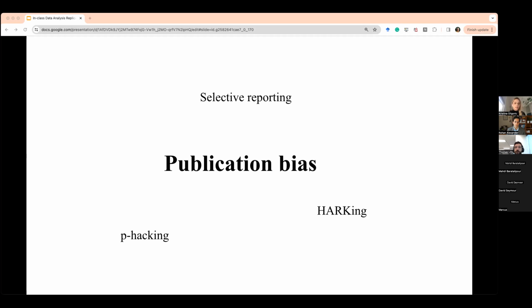In particular, there is publication bias, which refers to the focus on novel, confirmatory, and statistically significant results, which can lead to bad research practices such as p-hacking, HARKing, which means developing post hoc hypotheses to fit known results, or selective reporting.